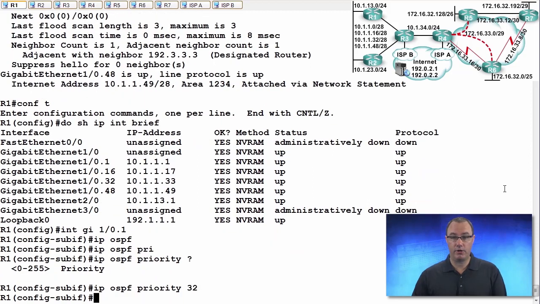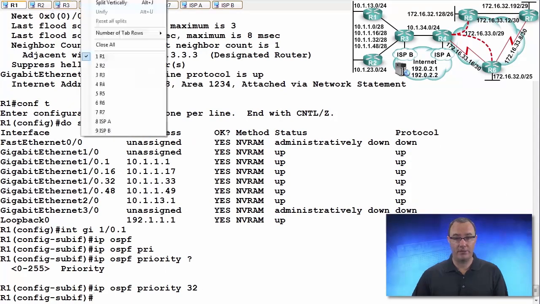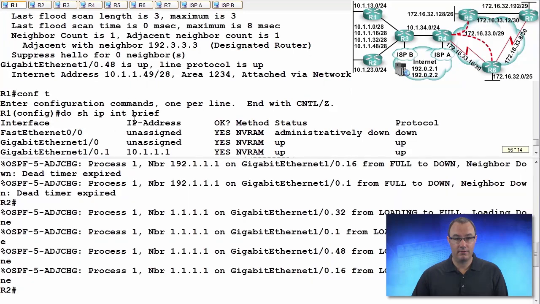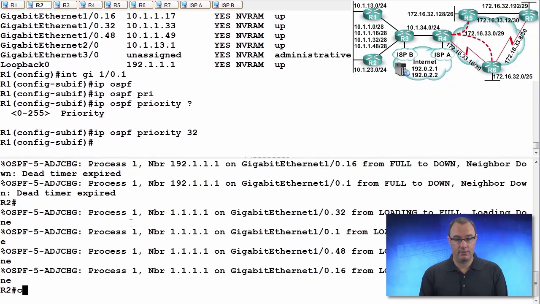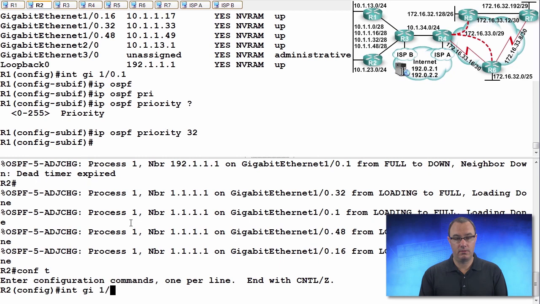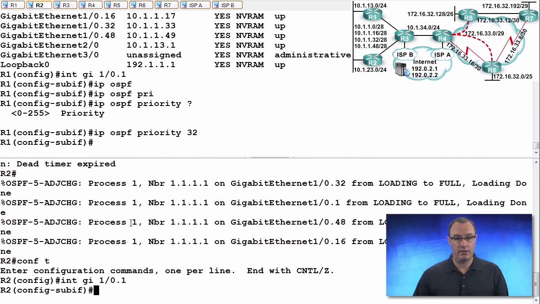And then I could go to R2 that goes down to the exact same subnet. And I could say something like, I don't want it to be the designated router. I want it to be the backup designated router.